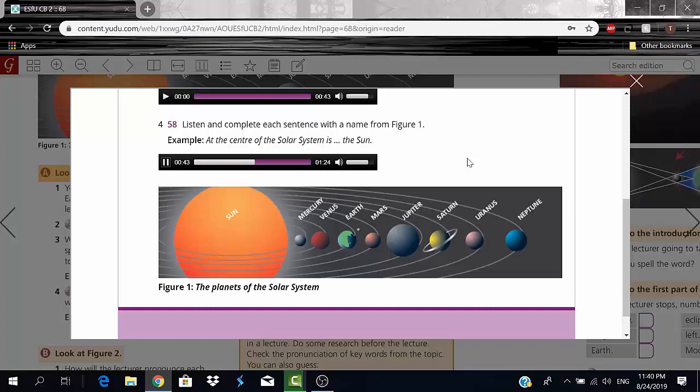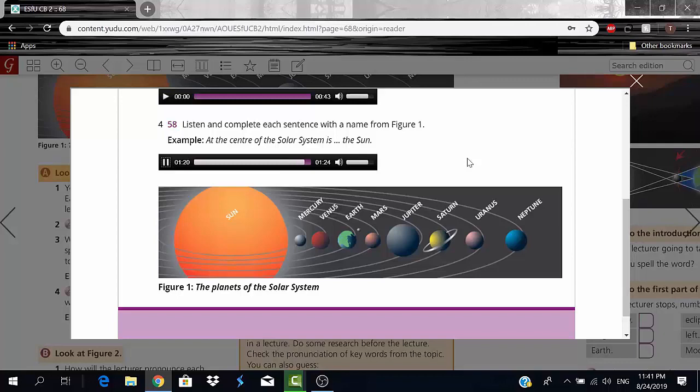It is called Saturn. 5, The largest planet in our solar system is Jupiter. 6, The planet between Neptune and Saturn is called Uranus. 7, The planet next to Mercury is called Venus. 8, The smallest planet is called Mercury.